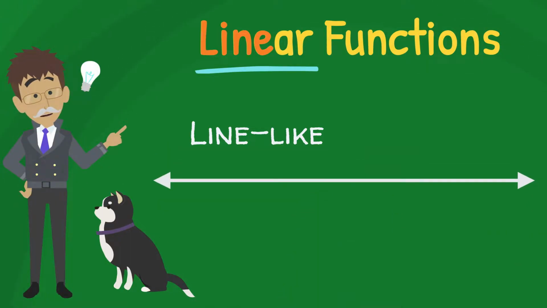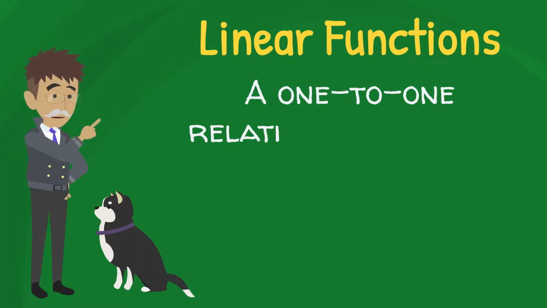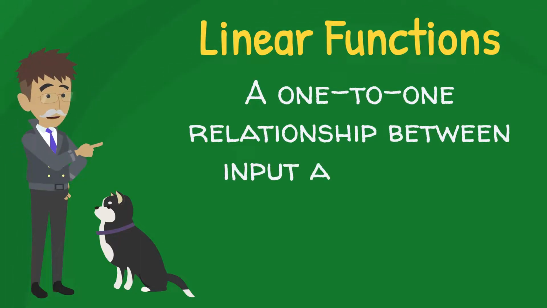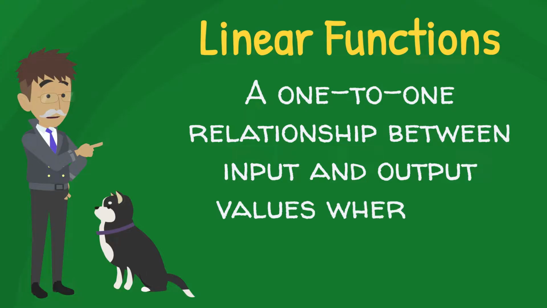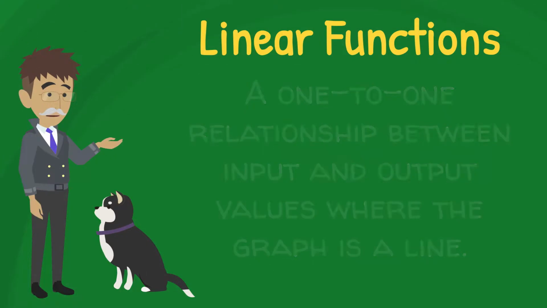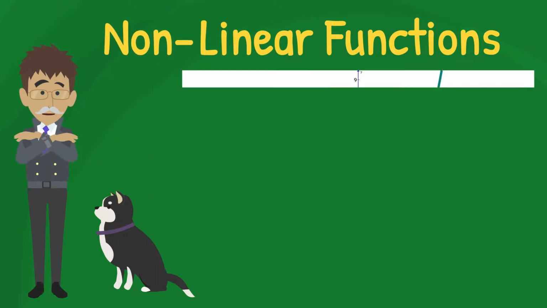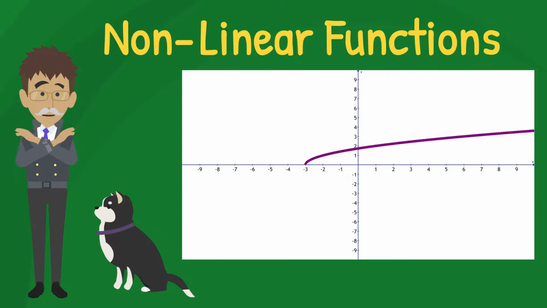It has no curves or bends and continues in both directions forever. Therefore, linear functions are relationships between an input value and an output value that can be represented graphically by a line. Graphs of linear functions look like this, and these are graphs of some nonlinear functions.